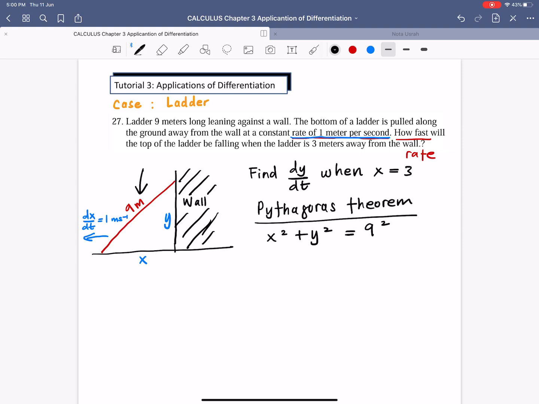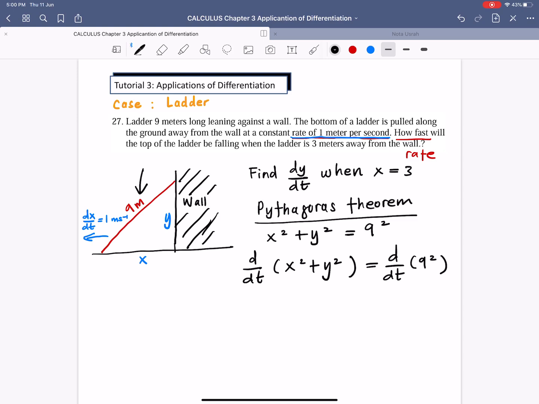We know that we want to find dy/dt. So we will differentiate both sides with respect to t, using implicit differentiation: d/dt of x squared plus y squared equals d/dt of 9 squared.